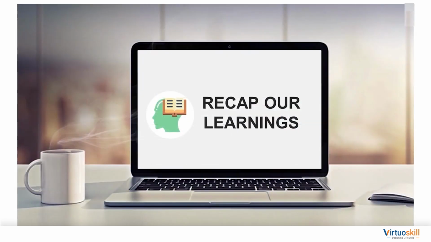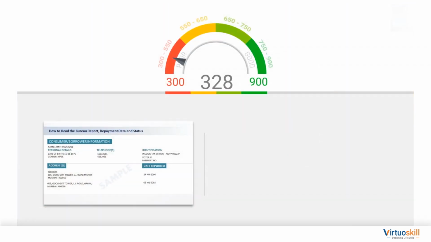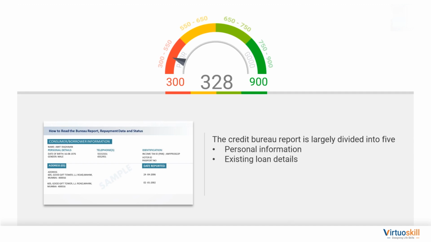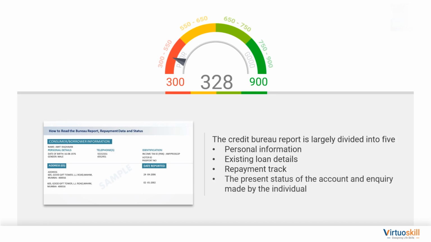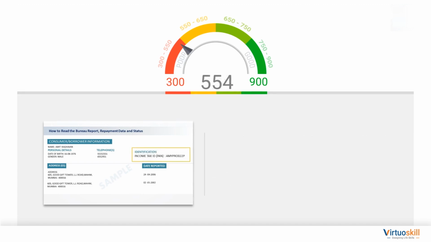Let us do a quick recap of this segment on reading and interpretation of credit report of an individual. 1. The Credit Bureau report is largely divided into 5 segments, that is personal information, existing loan details, repayment track, the present status of the account, and inquiry made by the individual. 2.